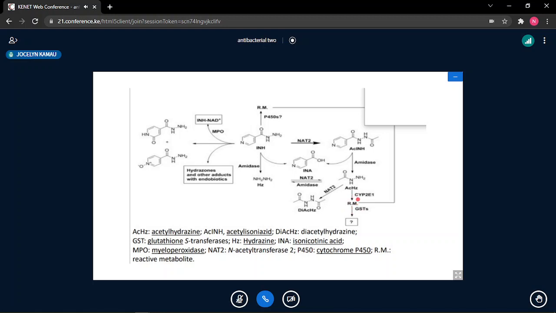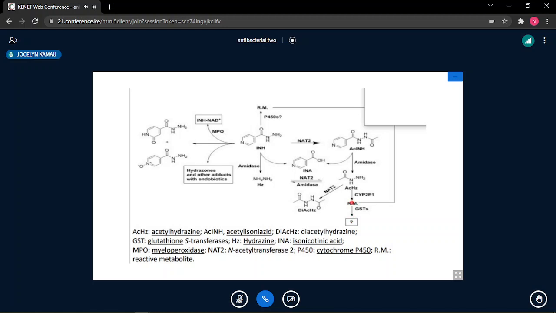Most highly reactive metabolites undergo detoxification by combining with glutathione. So the glutathione can combine with the reactive metabolite formed from the reaction of cytochrome 2E1, or cytochrome P450 enzyme, with acetylhydrazine. That is important because all that is doing is detoxifying the reactive metabolite so that it does not bind the tissues.